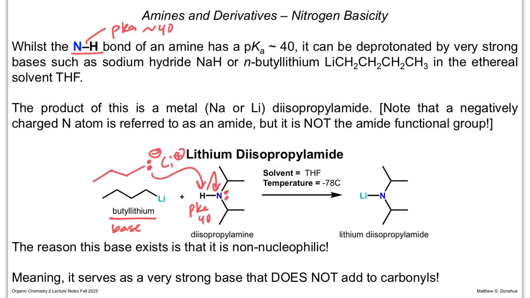Nitrogen already has a lone pair, so it gets a second one. So now we have this N minus plus the counter ion, and this is called lithium diisopropylamide. That name is not the typical amide you're used to seeing, but in this context, amide means the nitrogen has a negative charge. And so now this is a really strong base.